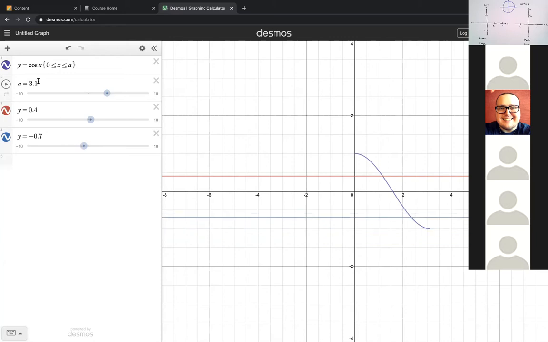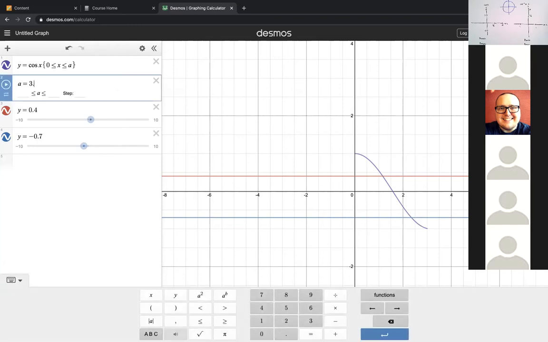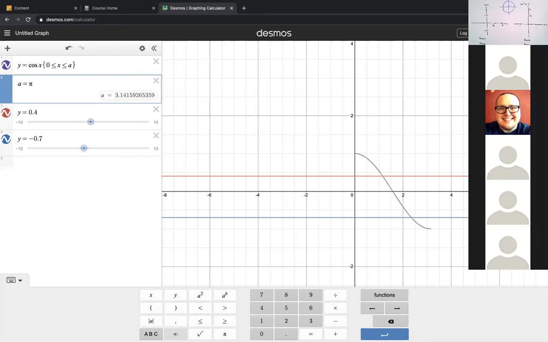Okay. But 3.1, that might be a familiar number, or pretty close to a familiar number that you know. It's actually going to be pi that we need. So we're going to restrict the domain from 0 to pi. That corresponds to the upper half of the unit circle back on my paper, if you can see where I'm pointing.